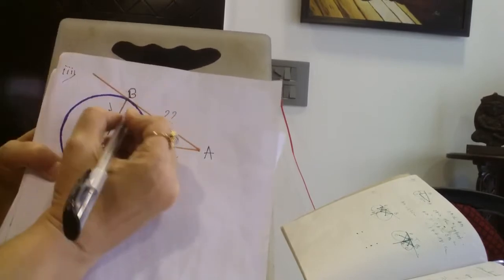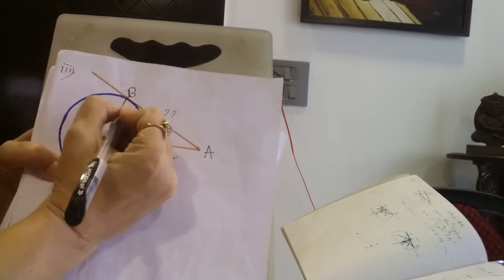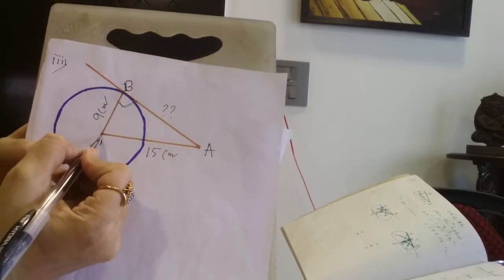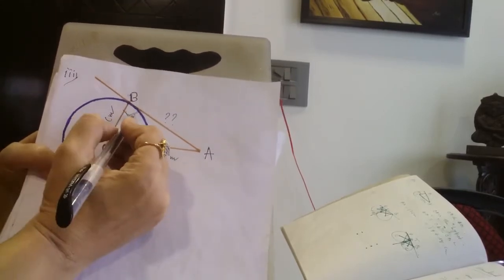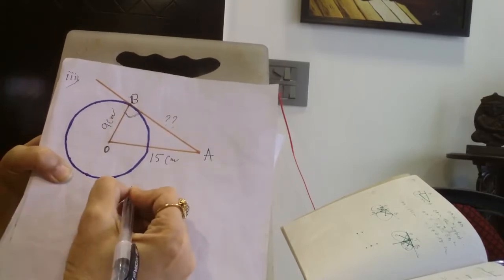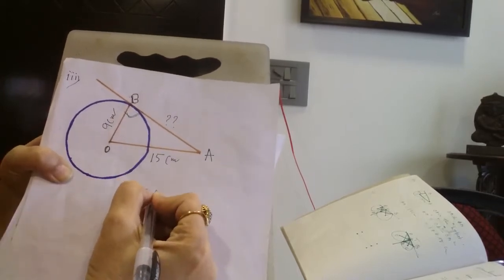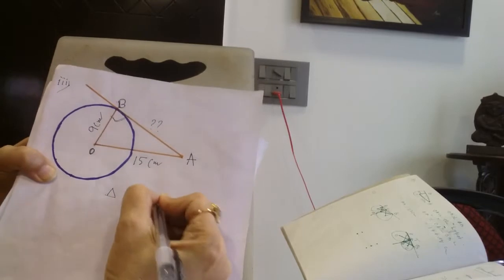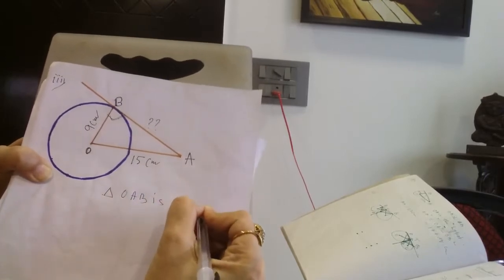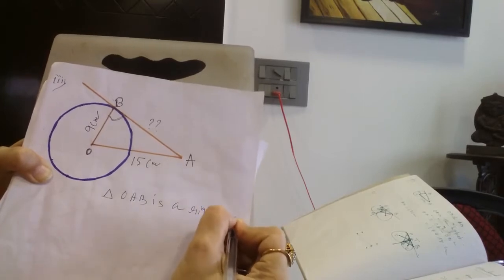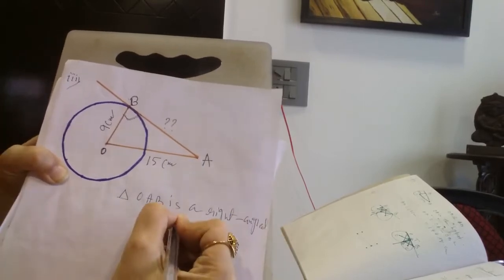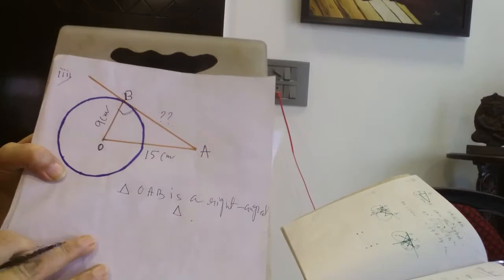Now see, I have applied this one, that the radius is always perpendicular to the tangent. So this is 90 degrees. So triangle OAB is a right angled triangle.